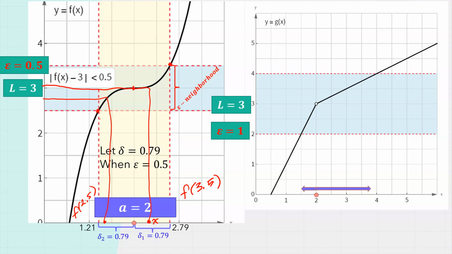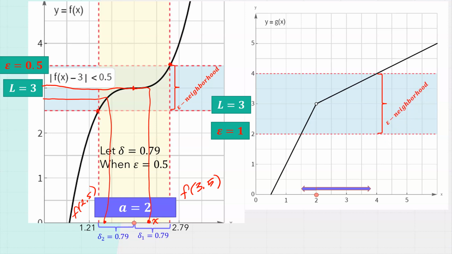As you can see, you could walk away from 2 pretty far to the right, but not that far to the left because of the way the graph is situated. So there's a little bit of manipulation here to make that f value be within that epsilon neighborhood.